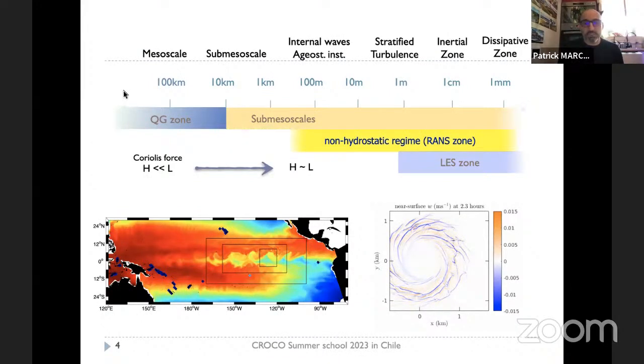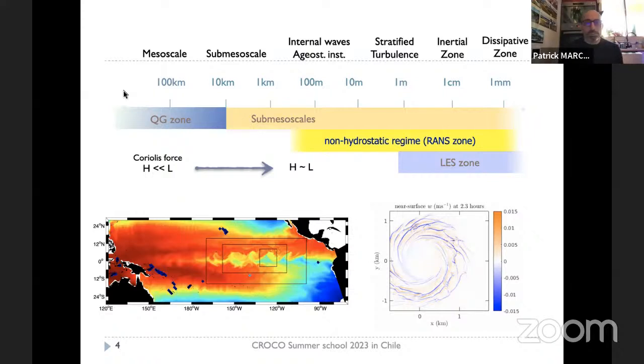So the mesoscale of the ocean is where most of the energy in the ocean resides. And we have been studying this mesoscale for a very long time because it is important in the general circulation. And CROCO, like many other models, has been developed at the beginning to solve these mesoscales very well, in particular with respect to the coast, when they interact with the coast.